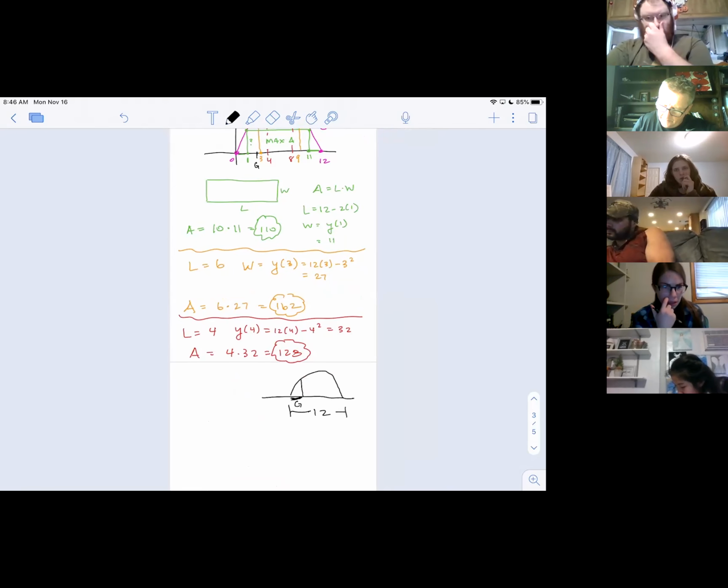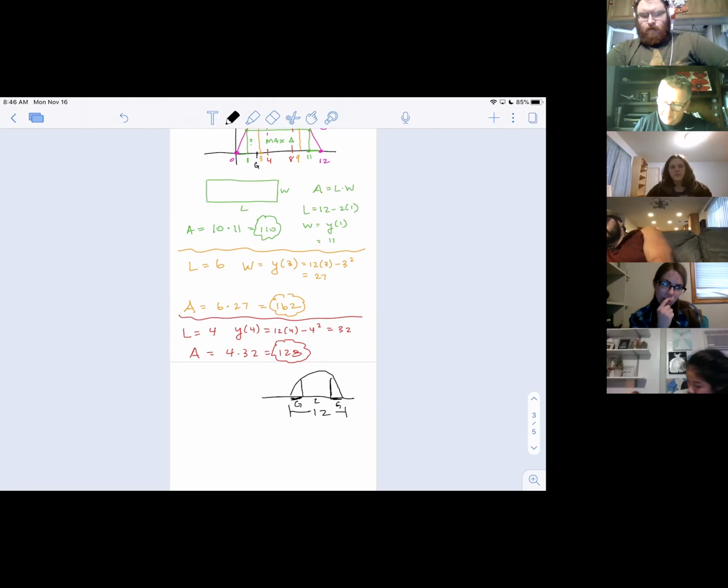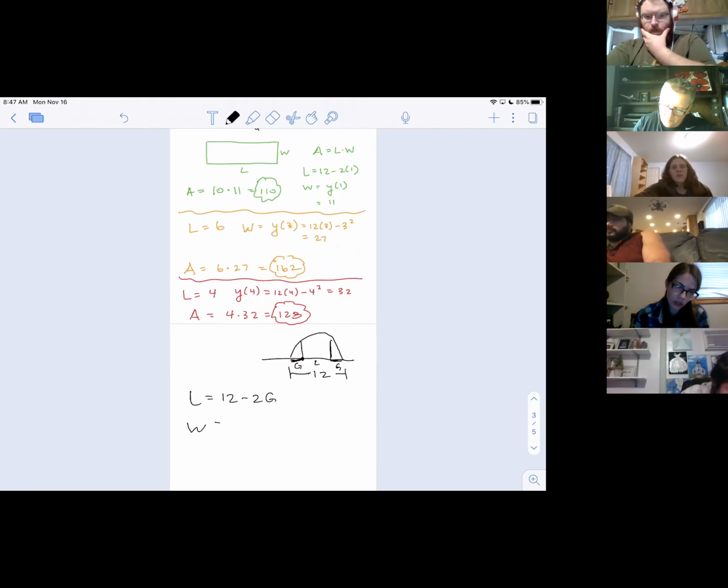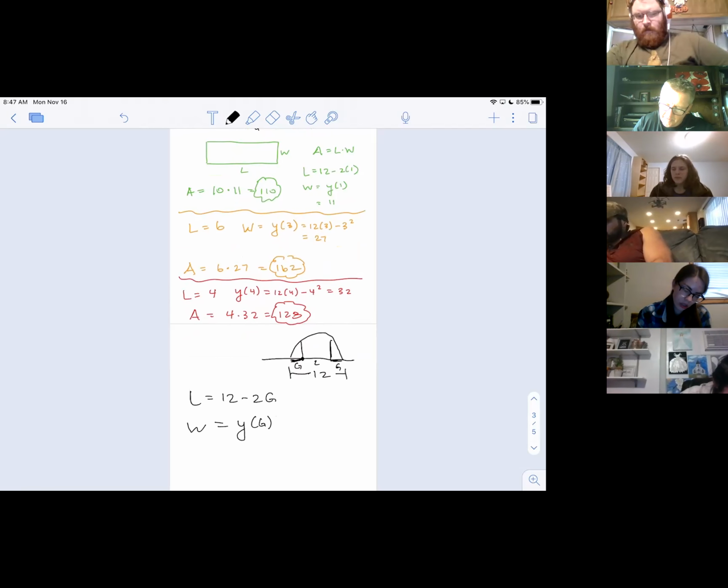If that distance is G and this is symmetrical, that distance would also be G. Then I guess my length in here would be 12 minus 2 G's. So that's kind of interesting. That coincided with something we did before. So my length is 12 minus 2G. And if this is G, then my width was Y evaluated at G, which doesn't really accomplish much other than to replace the X with G.